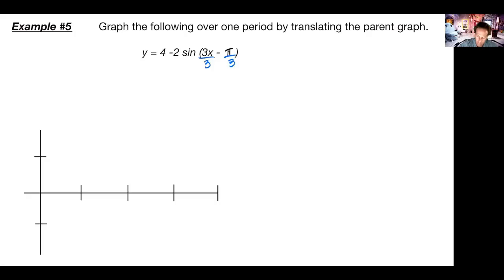But remember, that does not allow us to just divide by 3 and get rid of it completely to get the x by itself. We can't just divide by whatever we want by 3 and say it's the same. So we're still going to have 4 minus 2 times the sine of my angle. But in order to undo dividing by 3, remember we said we're going to have to multiply by 3.